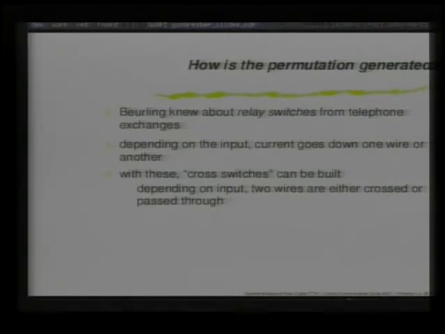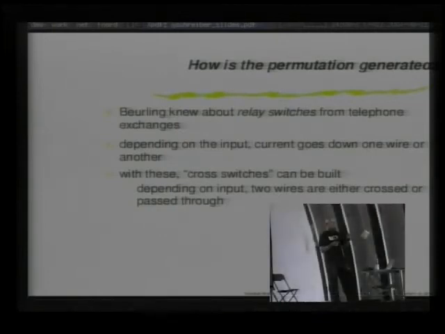And if you combine 2 of these switches in the right way, you can build cross switches that would have an input of 1 bit and take 2 wires, and depending on the bit, they would either cross the wires or just pass them through.